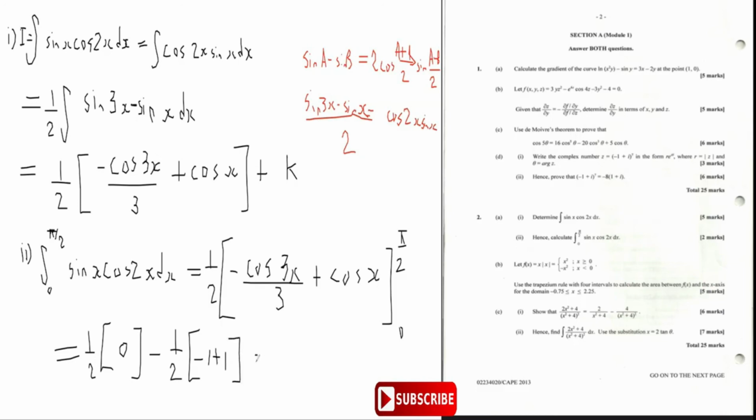That works out to be equal to minus 1 plus 1 is 0. So all of this works out to be 0. So the integral from 0 to pi by 2 of this is 0. Oh gosh, isn't that sweet? All right. So the integral of sine x cos 2x is 0.